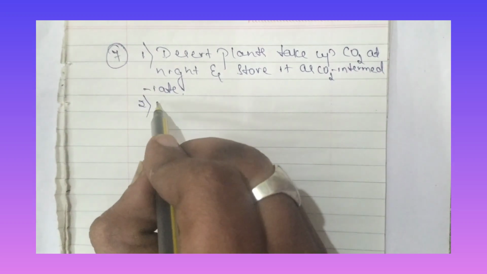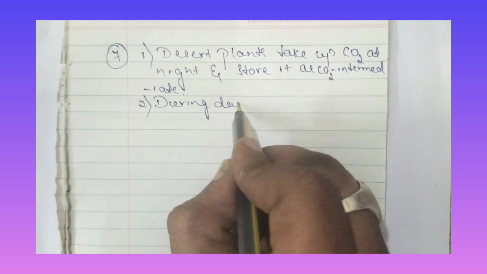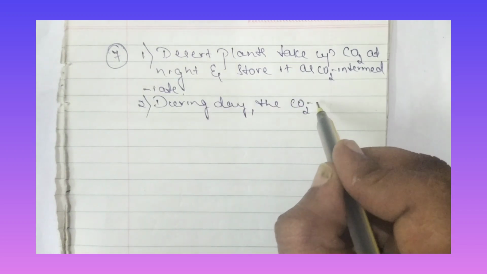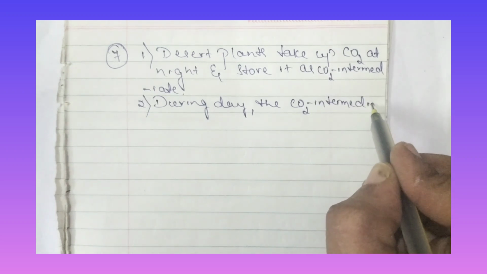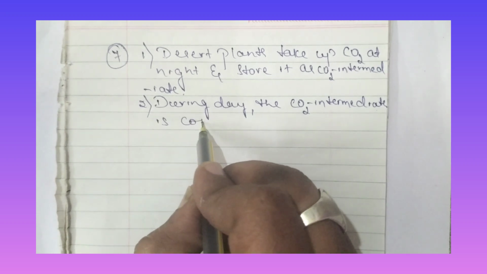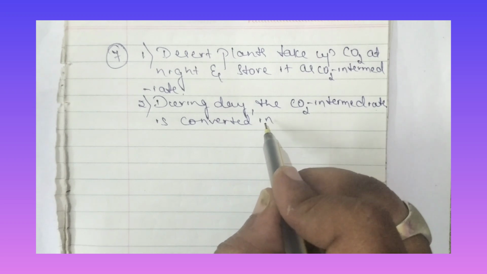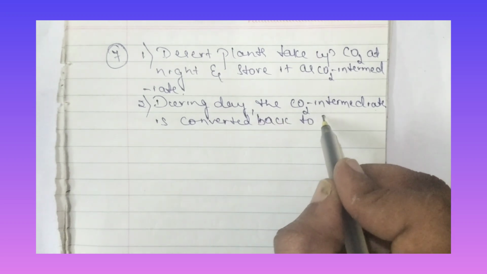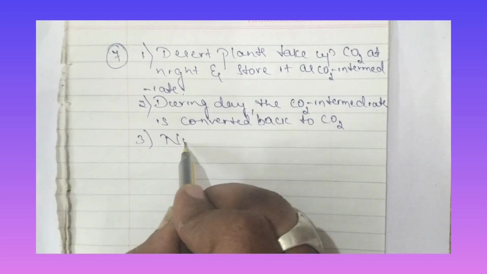Then the second point, during the day the carbon dioxide intermediate is converted back to carbon dioxide.